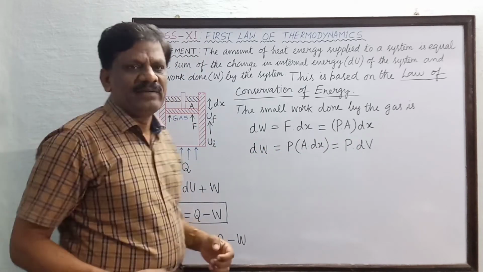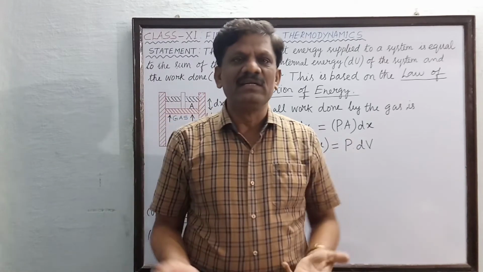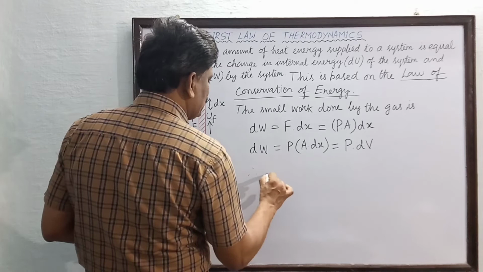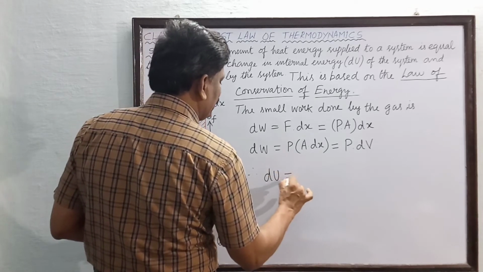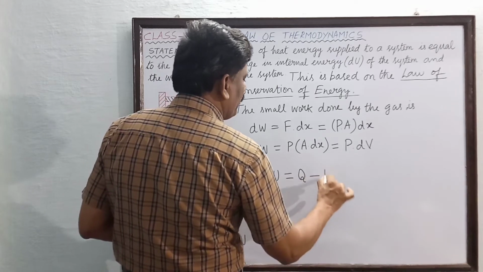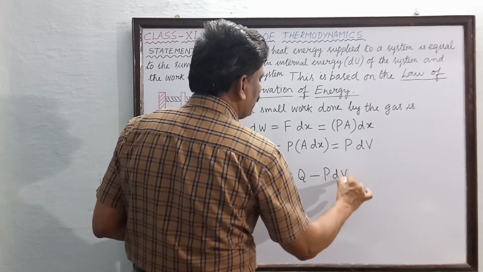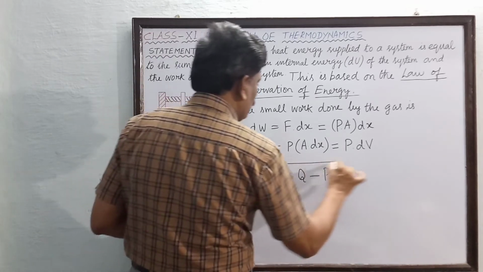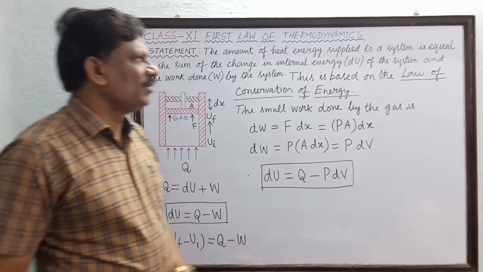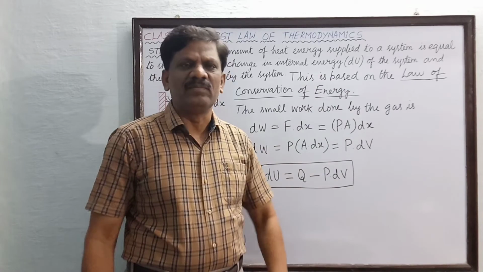Therefore, the first law of thermodynamics can also be written in another form now. What is that? The change in internal energy is now equal to the quantity of heat supplied minus P into dV. All these expressions are one and the same. That is the first law of thermodynamics.